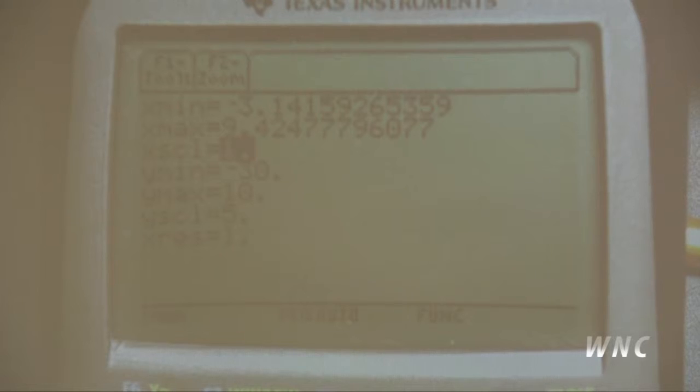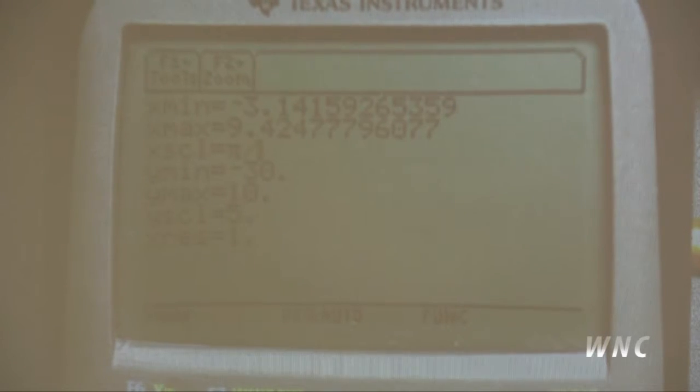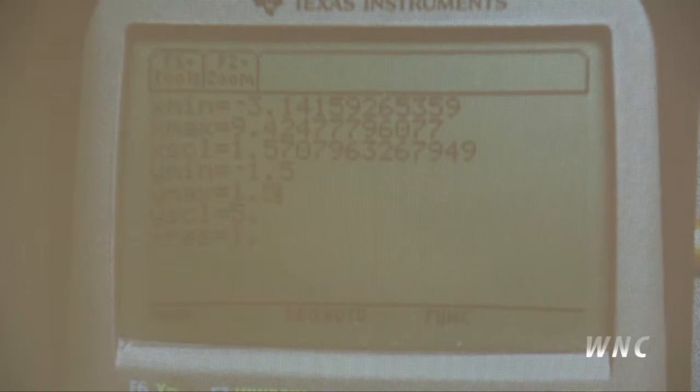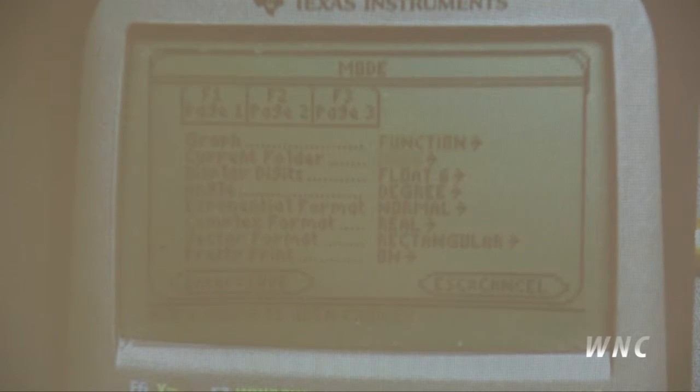And we're going to do our scaling by pi divided by 2. We'll go negative 1.5 to 1.5, because sine and cosine only produce as high as 1. And I do need to change my mode because my mode is in degree mode. So I'm changing this back to radians.